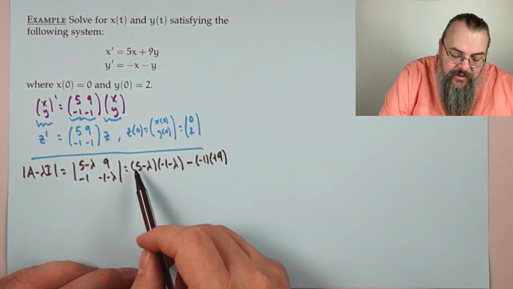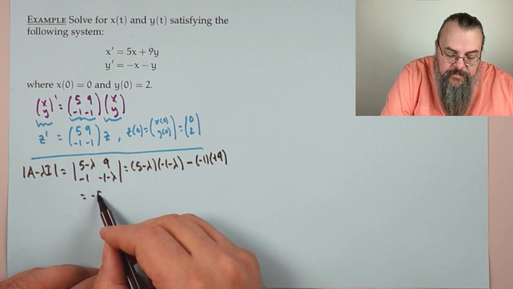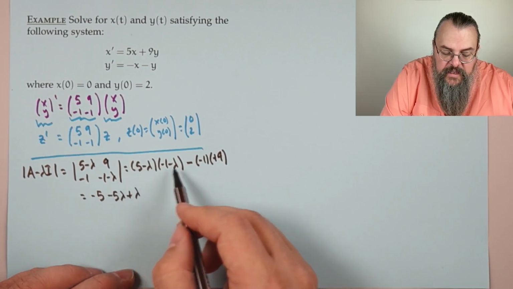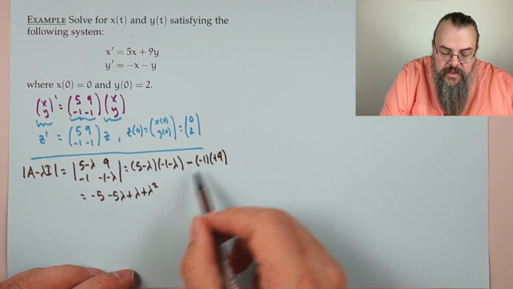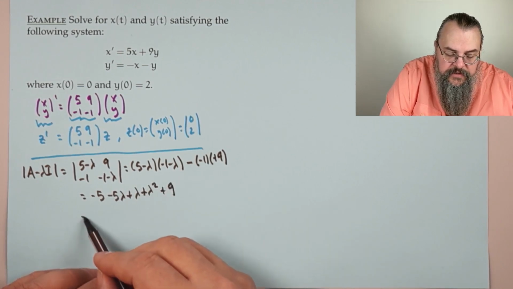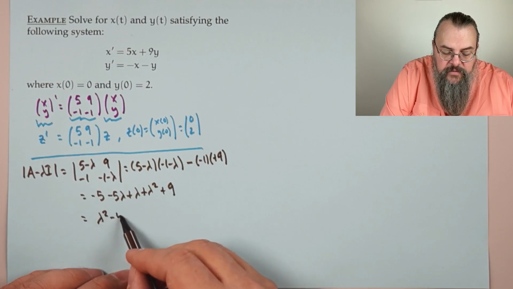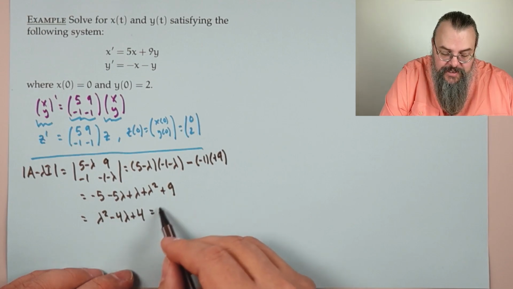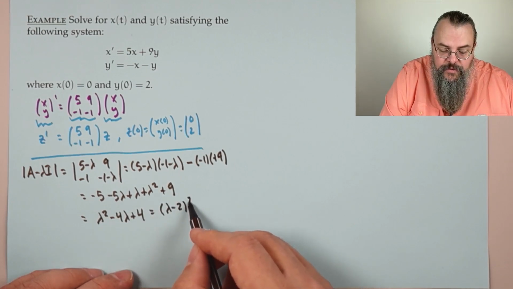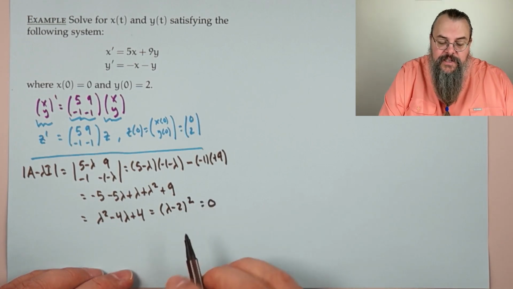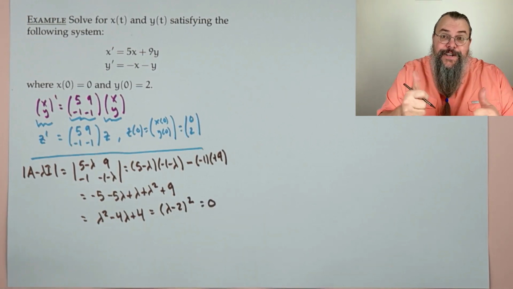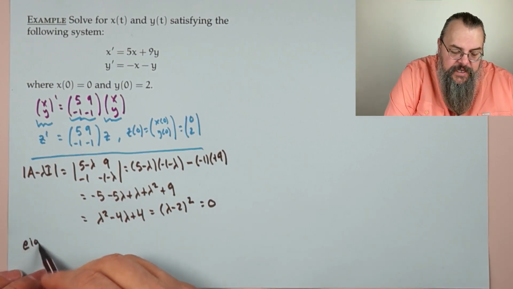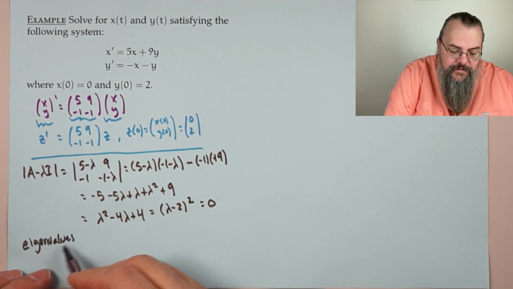All right, so minus 5 lambda, plus lambda squared, plus 9, which gives us lambda squared minus 4 lambda plus 4, which is lambda minus 2 squared. Set that equal to 0, and we say, aha, our eigenvalues are 2s. 2 and 2. So our eigenvalue is repeated. What are the odds? All right, very high.